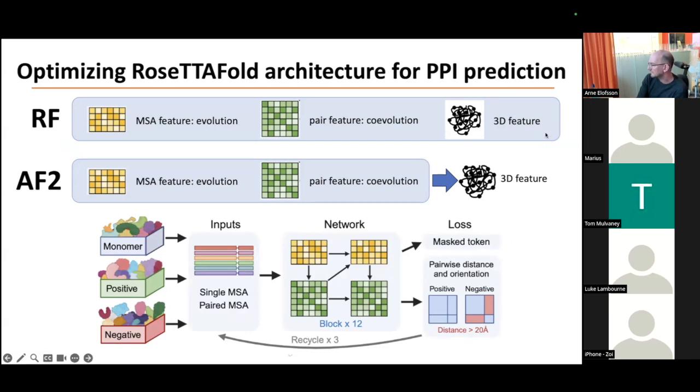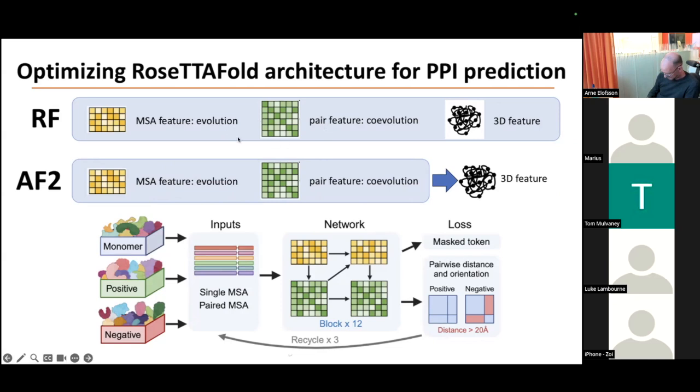That was surprising because the major difference between RoseTTAFold and AlphaFold is how we treat the 3D features. In AlphaFold, you have the Evoformer that integrates sequence alignment features and pairwise features that encode coevolution and residue contacts. They also have a separate structure module that takes these residue interactions derived from the two features and folds them into a 3D structure.